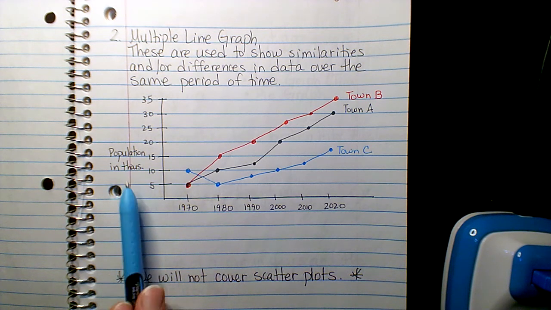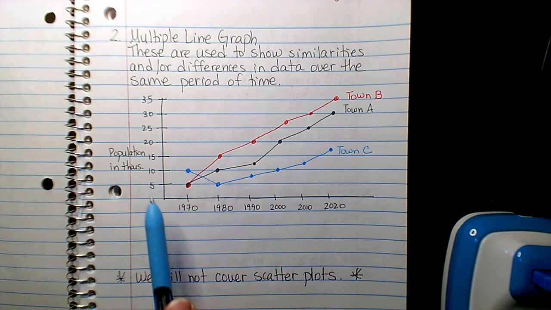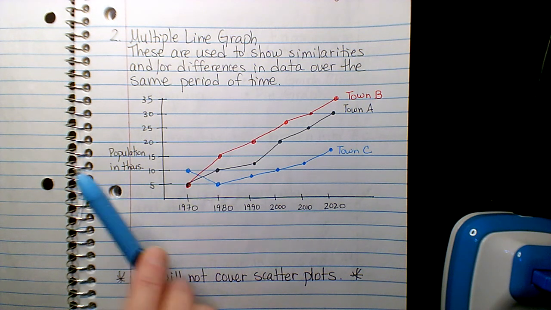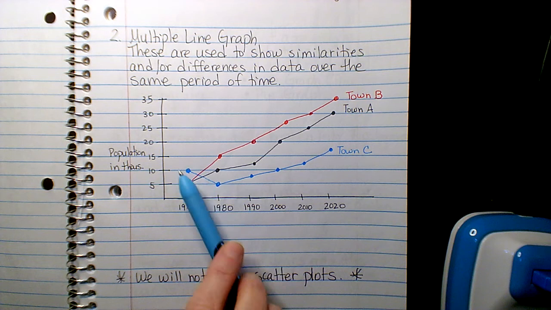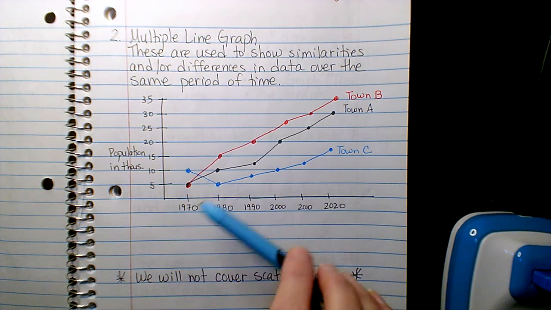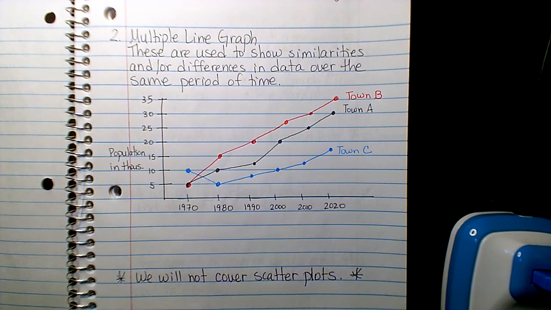So I just did this as the population in thousands, 5,000, 10,000, 15,000. So you can see I've got a scale over here. And I did them in different colors so they were easier to tell apart, so you can more easily tell that town C had a decrease and then it's back on the rise. Town B has been increasing faster than town A in population.